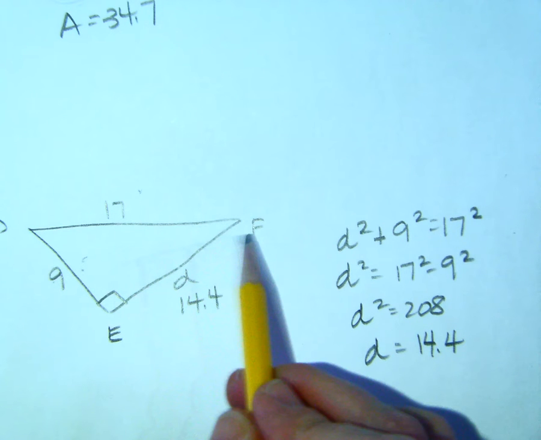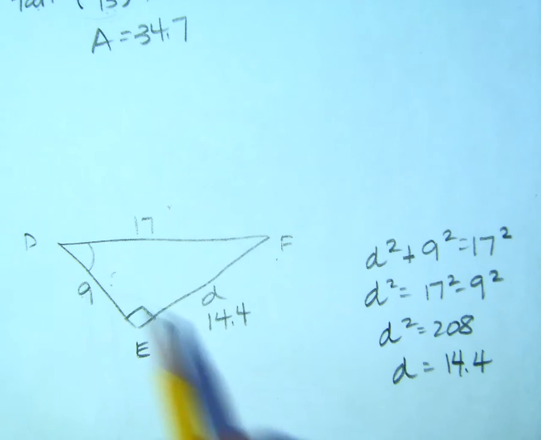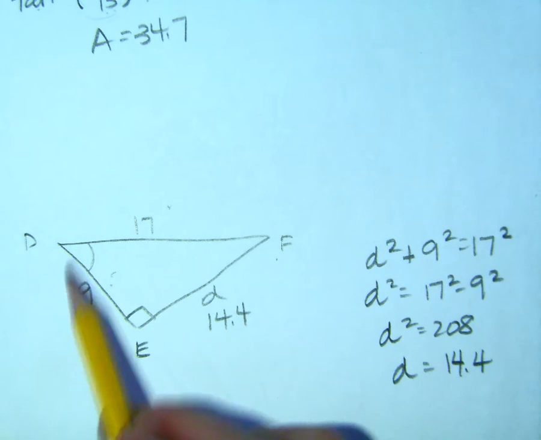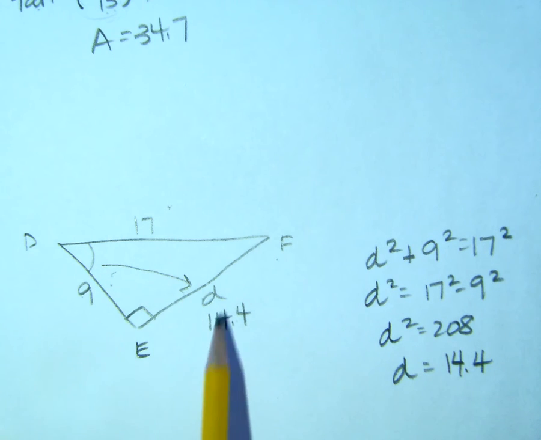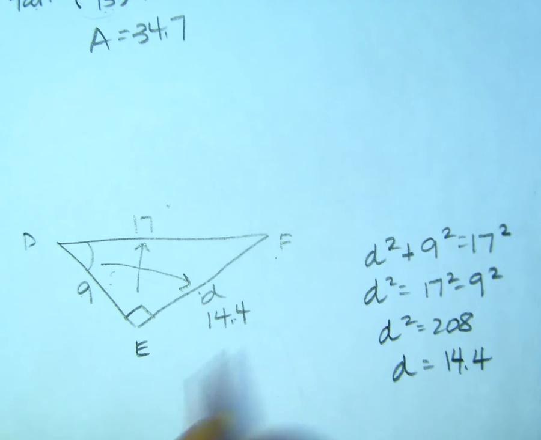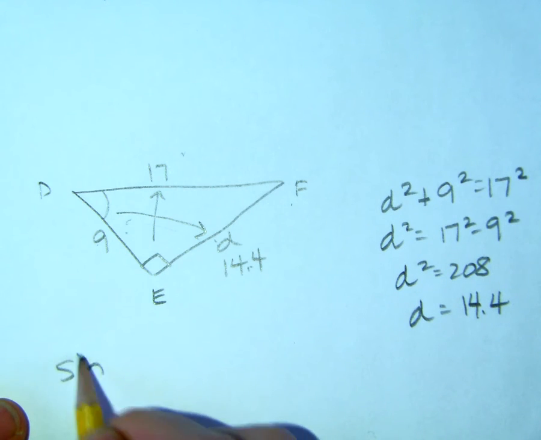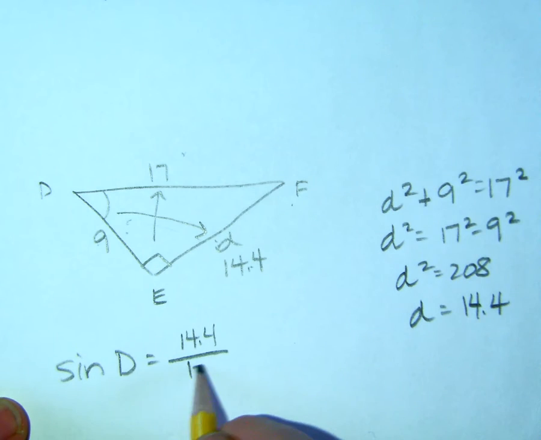Now, again, I don't know these angles. So let's start with D. If I use this, that's my opposite, and that would be my hypotenuse. So I would say that the sine of angle D is opposite 14.4 over hypotenuse 17.